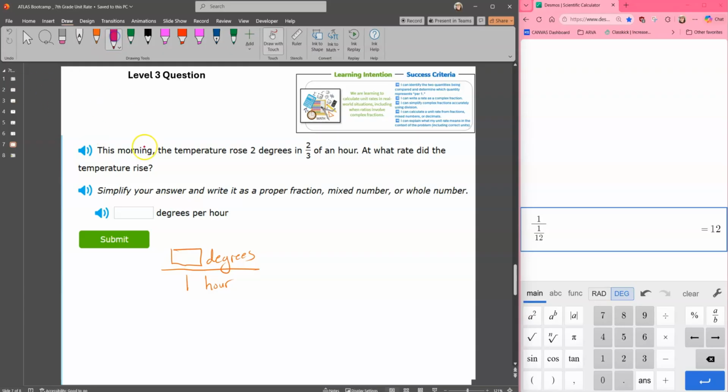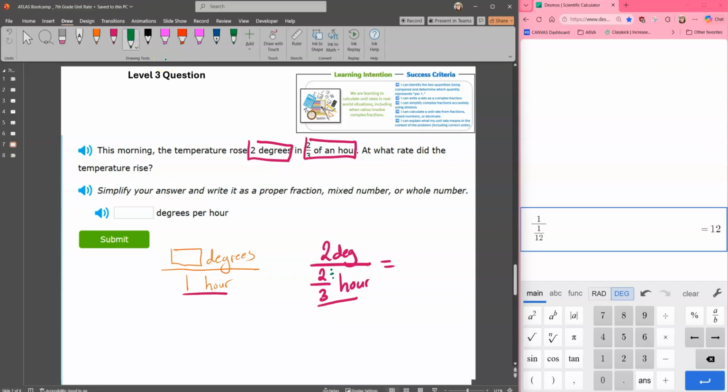The information from our word problem tells me that the temperature rose 2 degrees in 2/3 of an hour. So 2 degrees per 2/3 of an hour. I need to get my hour to be 1.